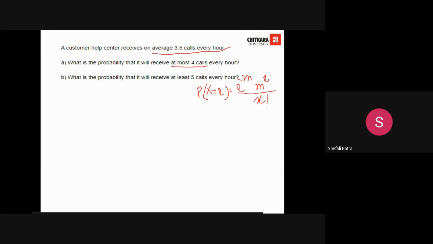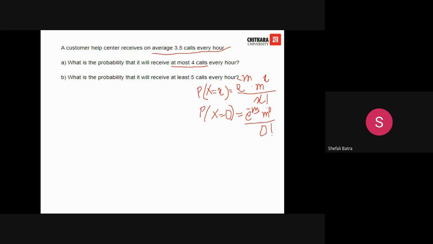So for evaluation of this, P x is equal to 0 is the probability of no call per hour. For that, you apply the formula e raised to power minus m into m raised to power 0 divided by 0 factorial. For this evaluation, you need m.